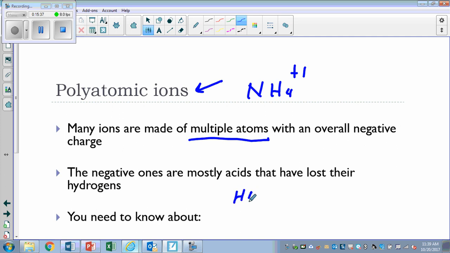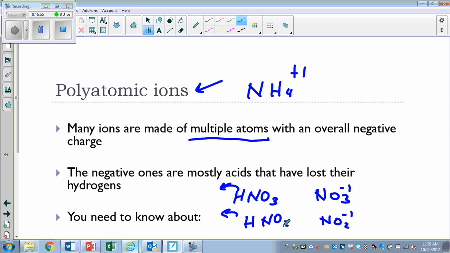For example, when nitric acid loses the hydrogen atom, what is left is NO3 minus. If you have nitrous acid, when the hydrogen atom is gone, what is left is the nitrite ion. If you have sulfuric acid and two hydrogens are gone, what is left is the sulfate ion. So they are usually acids that have lost their hydrogen atoms.